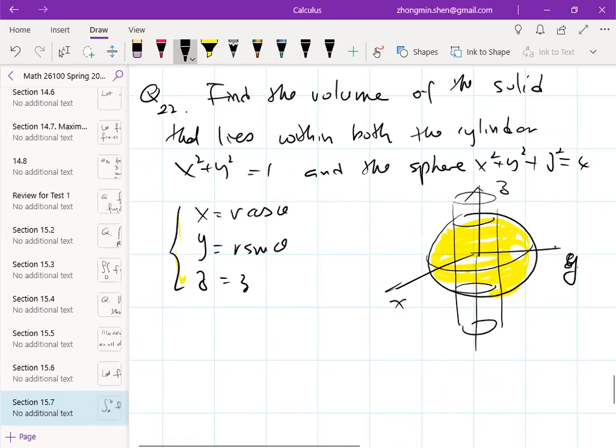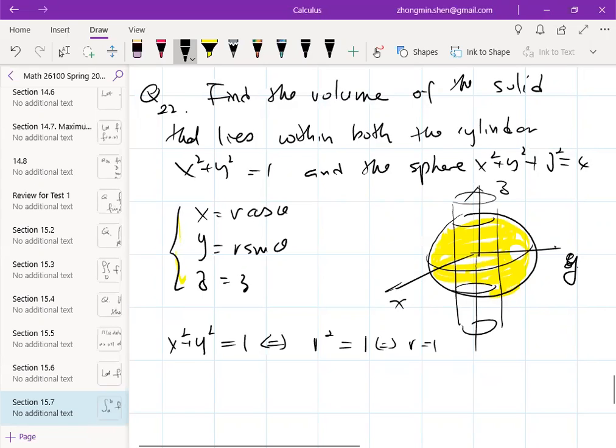How do we describe the region within both the cylinder and the sphere? x squared plus y squared equals 1 is the same as r squared equals 1, the same as r equals 1.